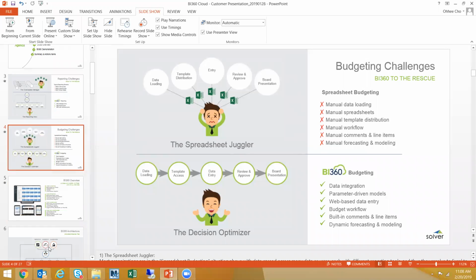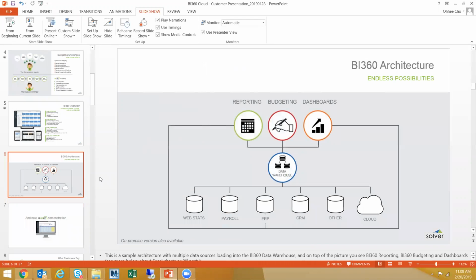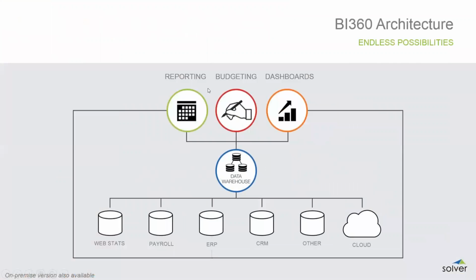So with that said, I want to go over this BI360 diagram that explains how all of the components of BI360 come together. The most important thing here is this data warehouse. This is ultimately where all of your actual data from all of your different data sources will get pulled in.